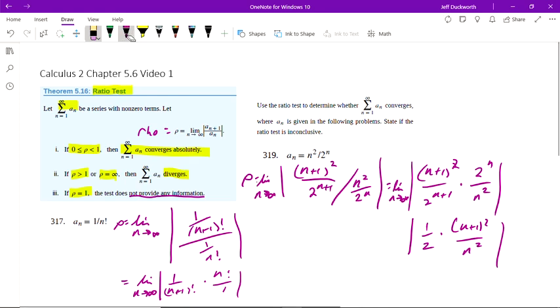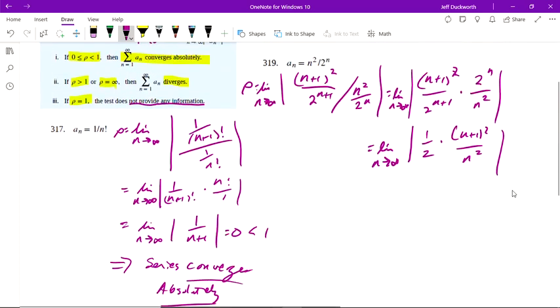Can't lose this yet. We haven't taken the limit. All right. So we know that the n's are going to be positive, so we don't have any negative values here. We can lose the absolute values, and that will be just fine as well.